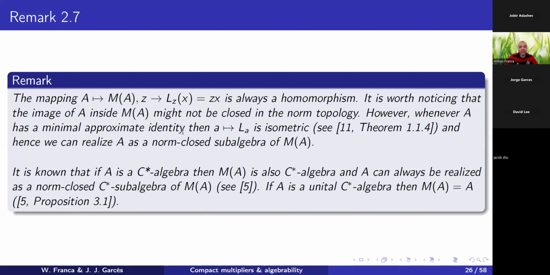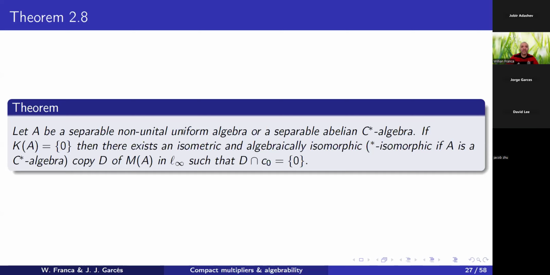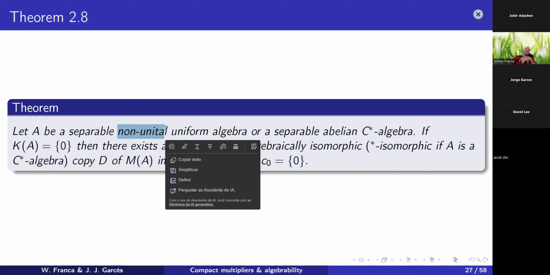That explains why, when you go to the main theorem, we assume that our structures are non-unital. Otherwise, you are basically repeating the old results from the previous section. That's the reason we assume they're non-unital.